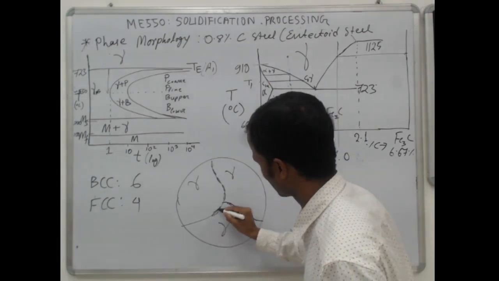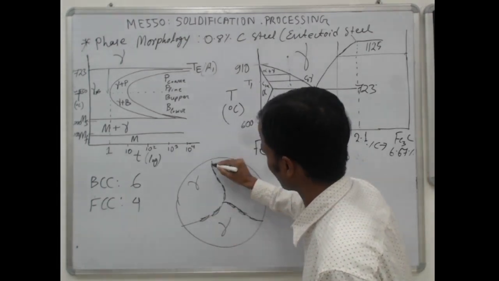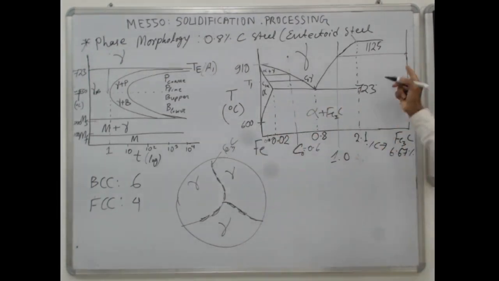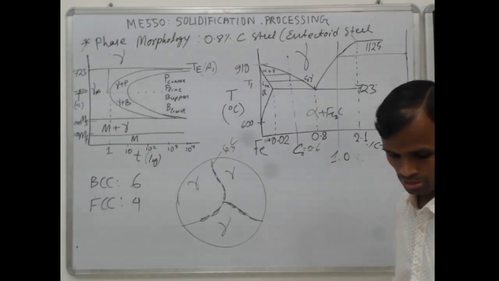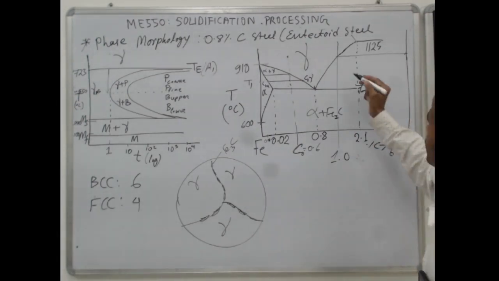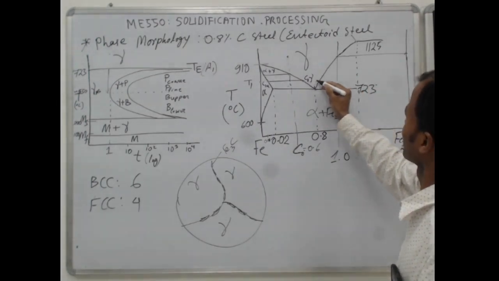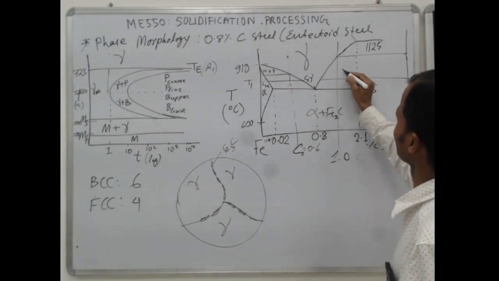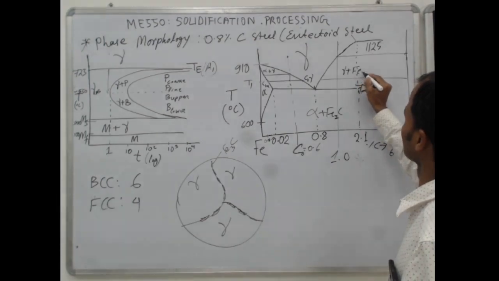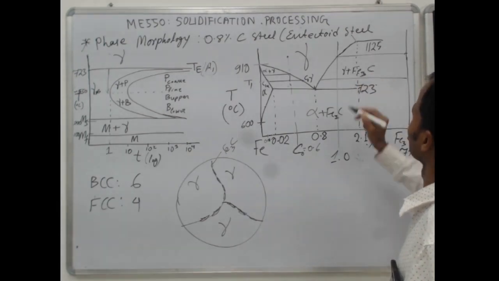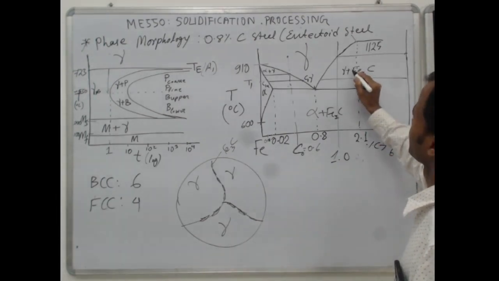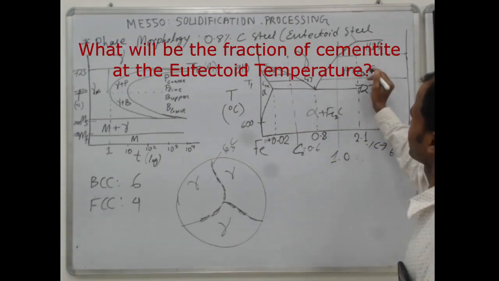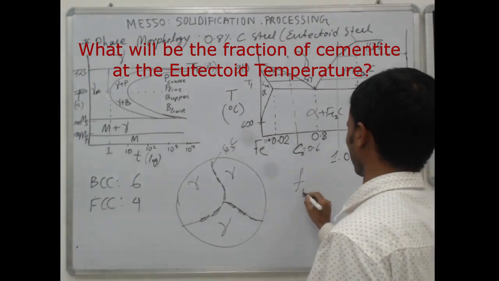So these are now Fe3C cementite, not alpha ferrite. Now if you come to this temperature, say like earlier, what will happen? Here you have gamma plus Fe3C. So you will have more and more cementite, but what will be the fraction of cementite?